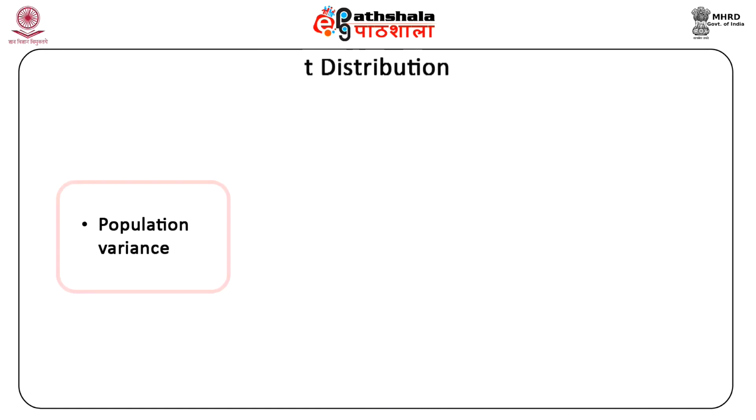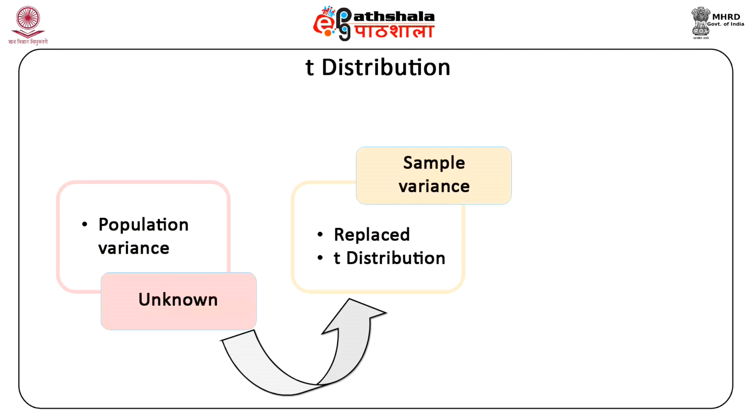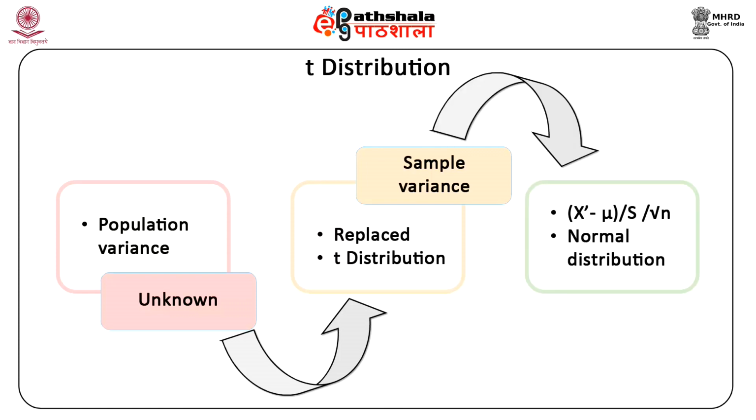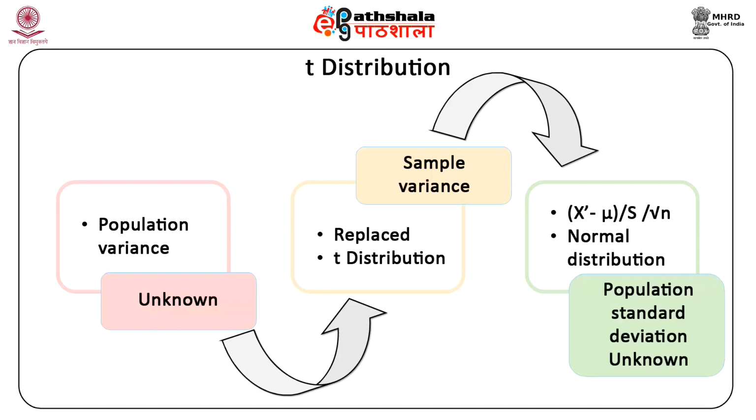However, when the population variance is unknown, it is replaced with the sample variance. The t distribution thus describes the exact distribution of x prime minus mu slash s slash square root n for random samples taken from a normal population when the population standard deviation is unknown.